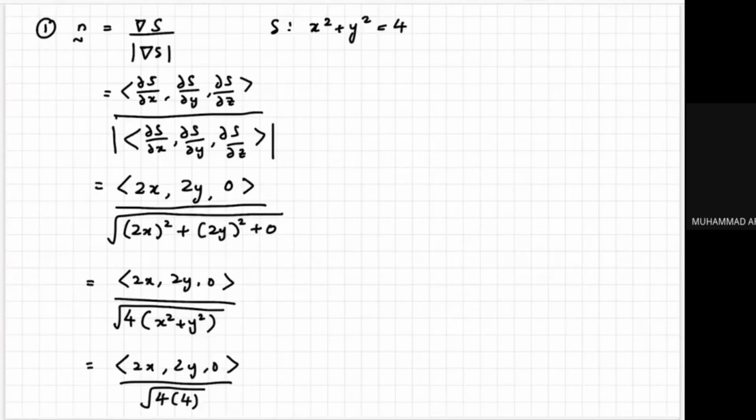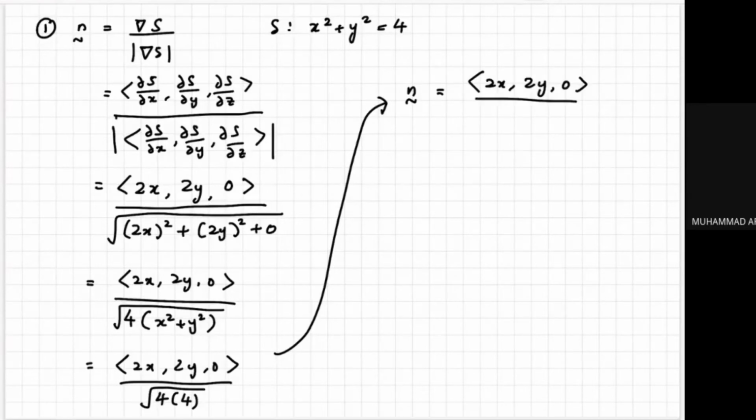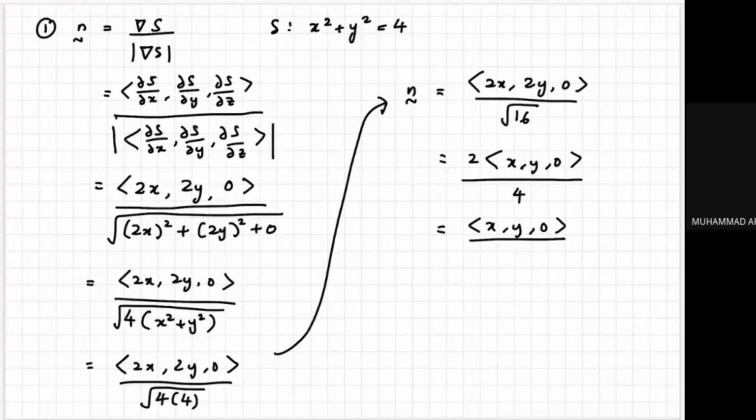So your n is equal to x, y, 0 divided by 2. Okay, so this is your n.